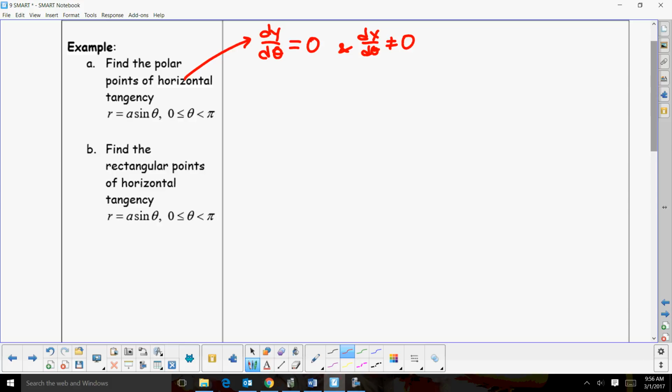So start with your x and y, take your derivatives, and then you're going to set the derivatives equal to 0. A is just a constant. It's just showing that it doesn't really matter what the A is here.